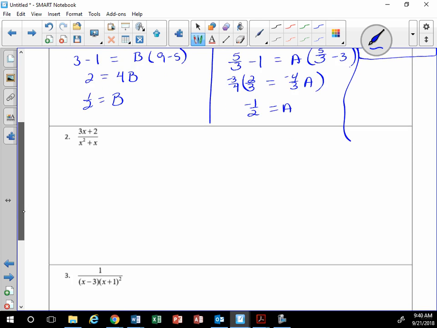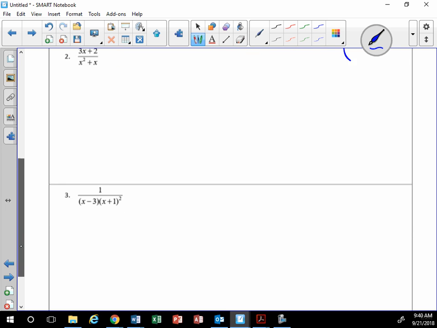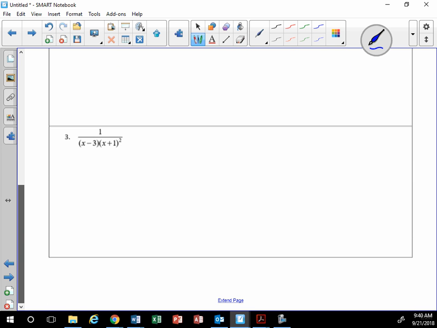Let's jump all the way down to number 3, because this one is a little different. You see how it has 2 factors, but one of them is a quantity squared, okay? The way you have to break this apart, we're going to have a over x minus 3 plus, we're going to have b over just x plus 1, and then c over x plus 1 quantity squared.